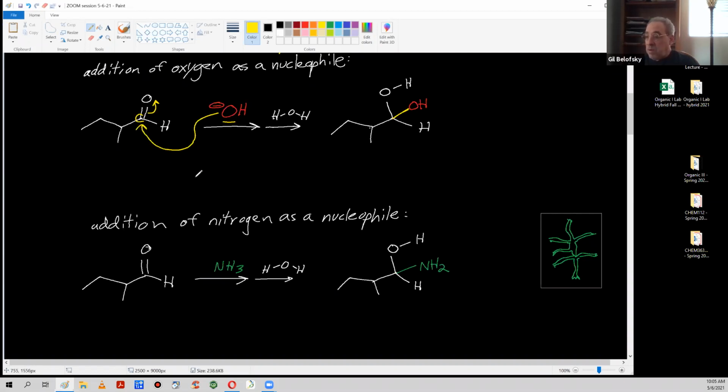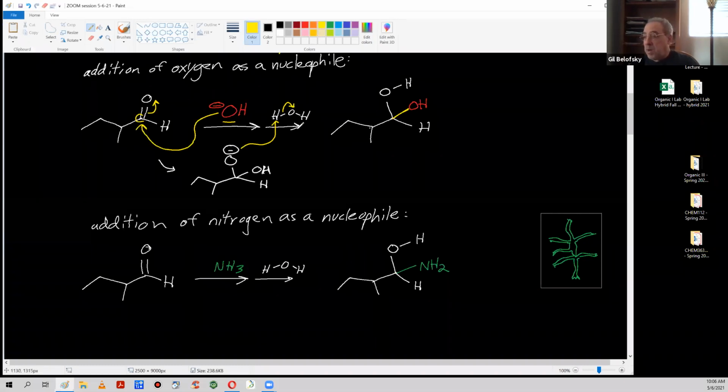The result of these arrows will be initially, I can draw it down here, that this oxygen now has extra electrons and a negative charge. This hydrogen's still here, and the OH is attached via that new bond. This just completes in that last, finalizing step where it just adds a proton like that. So it's forming a bond to that hydrogen proton.